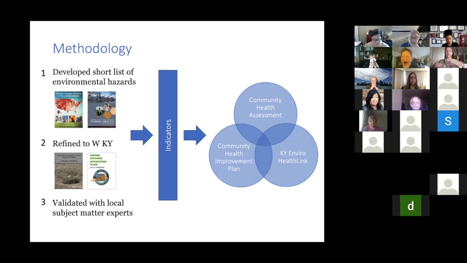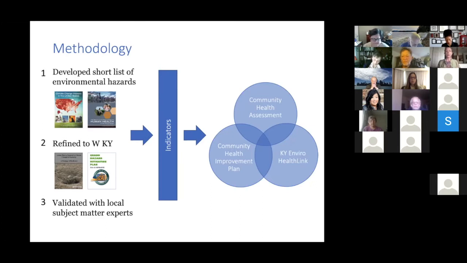So then we needed to refine down to Kentucky, and we were lucky enough to find a number of reports that had been done not necessarily looking at public health, but looking at things like agriculture that were looking at Kentucky as a whole. And within those reports, we were able to find maps and graphs and tables that divided the state either into regions or into counties. And so that was a way for us to start honing in on our part of the state.